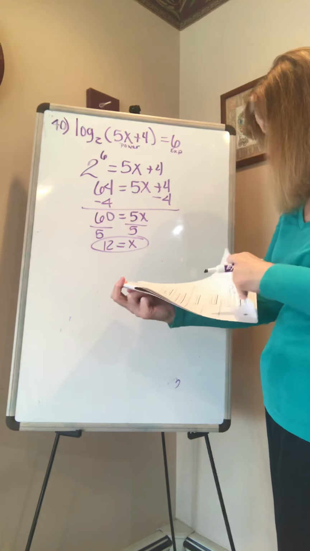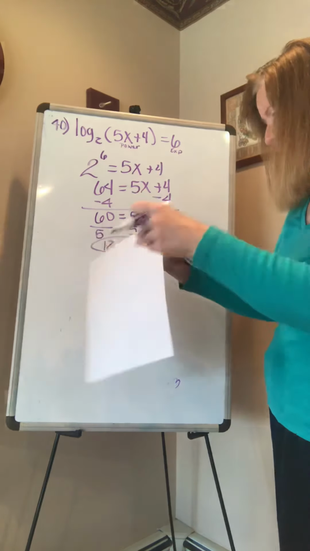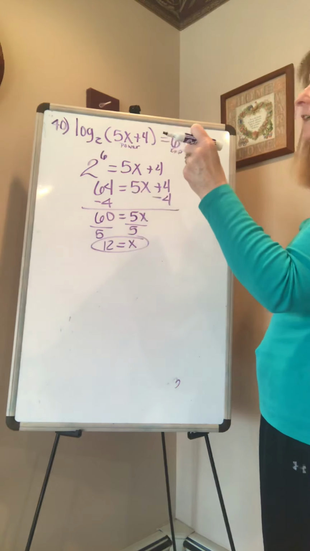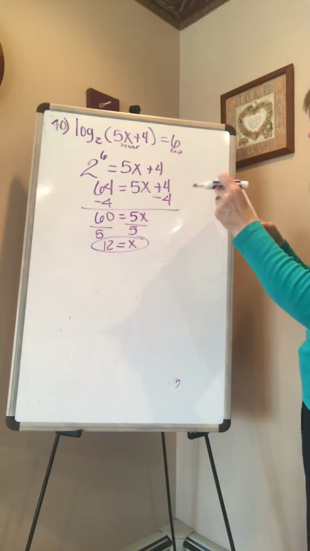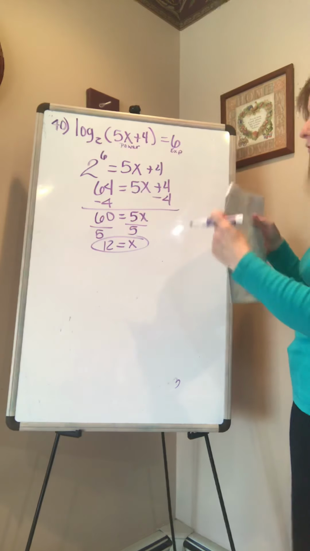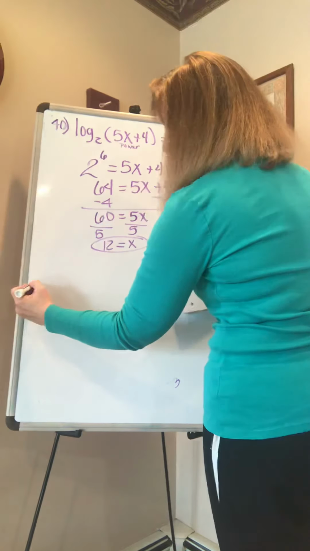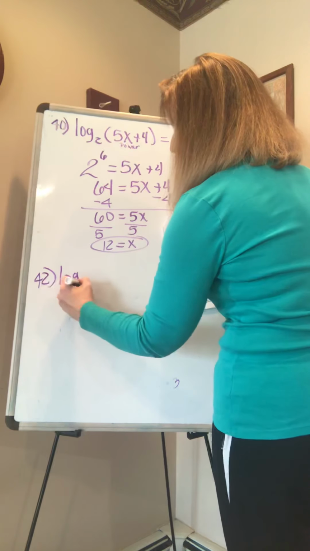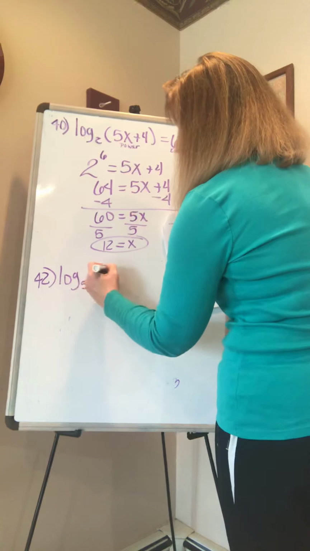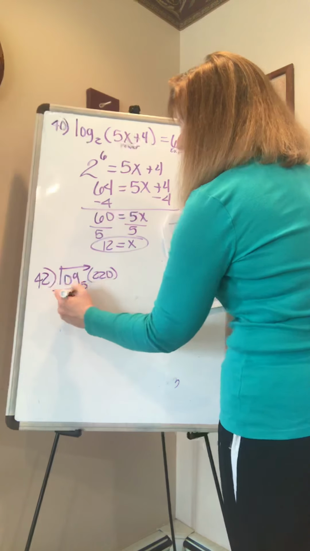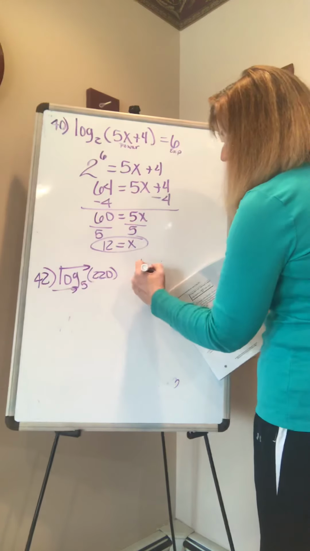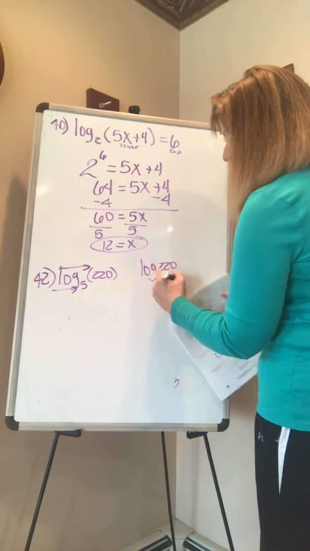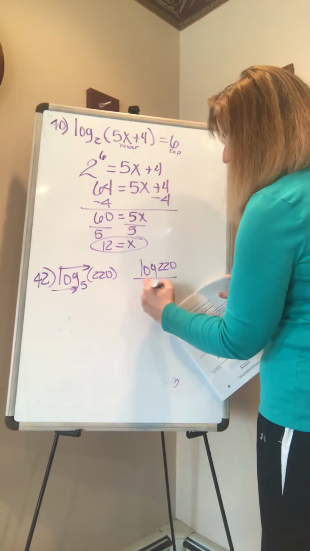So now, problem 42. Find to the nearest hundredth the log base 5 of 220. Well, this one's nice and easy. Okay, log of the power divided by log of the base. Log of 220 divided by the log of 5.